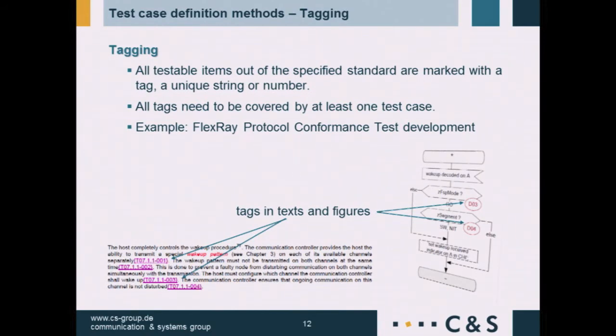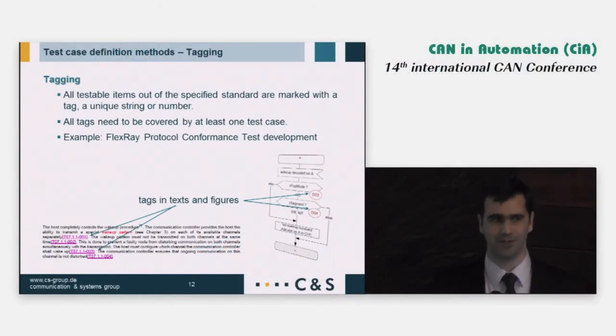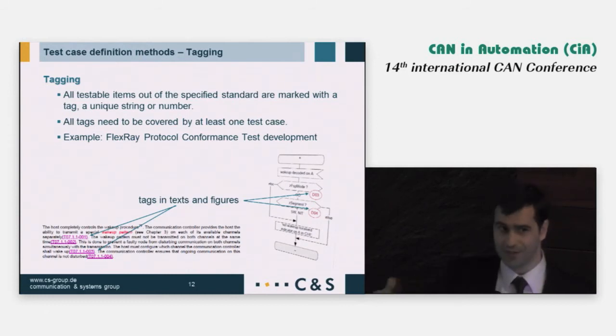Down there, there is a little piece of the standard, and as we see, there are some tags with names, really important, so we know where each tag comes from. And those tags, those testable items, were integrated into a test case, just an example, that is a flow chart, and it shows how different tags were integrated.